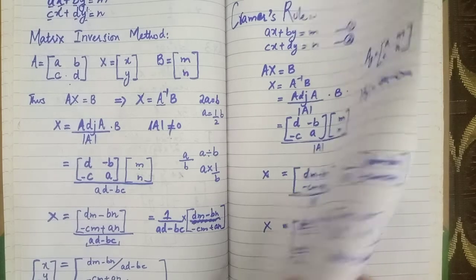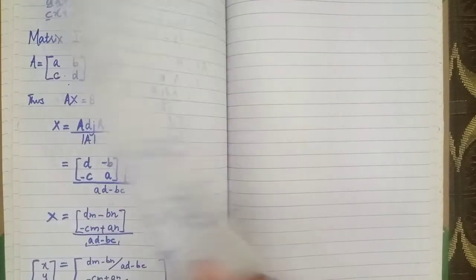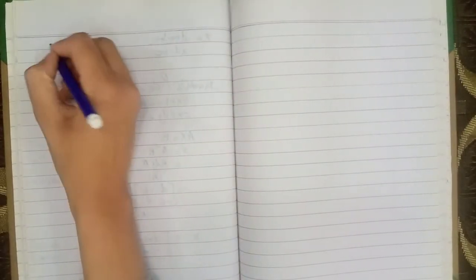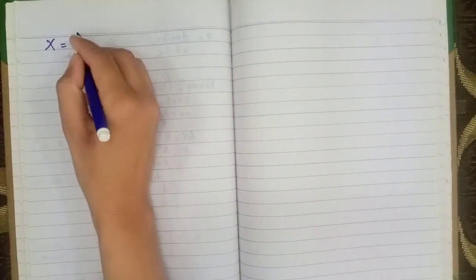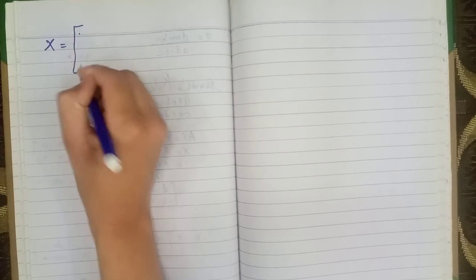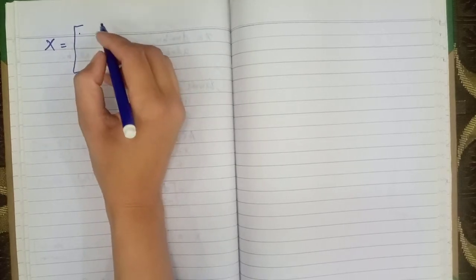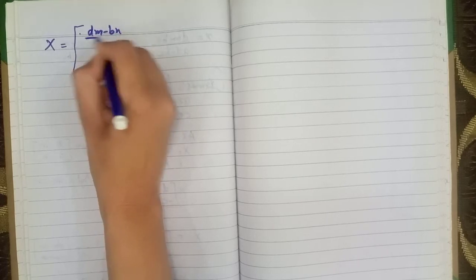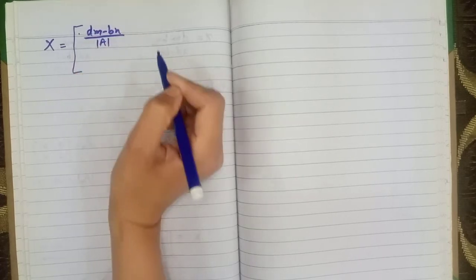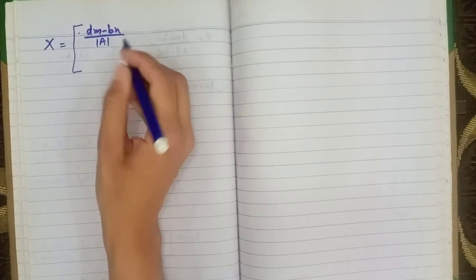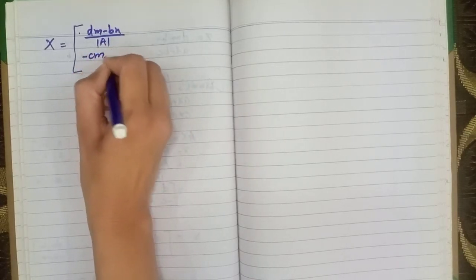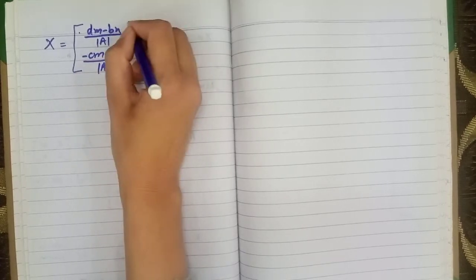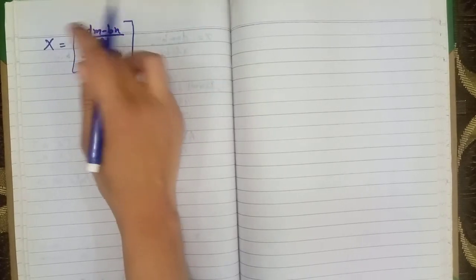Now I am going to write the step again. What is equal to X? Dm minus bn divided by determinant of A, then minus cm plus an divided by determinant of A. One column, two rows.